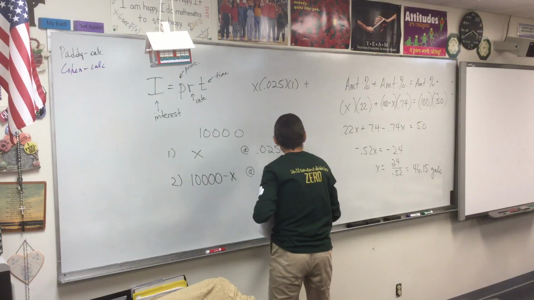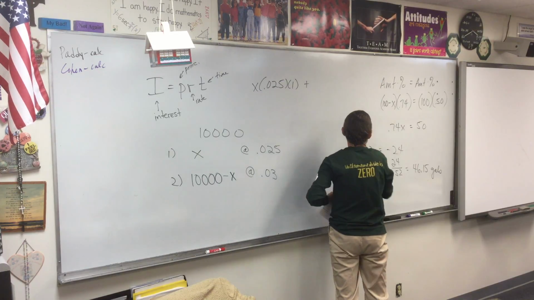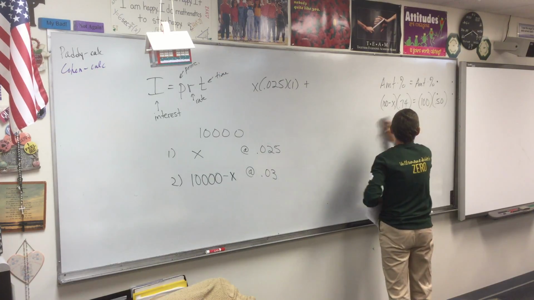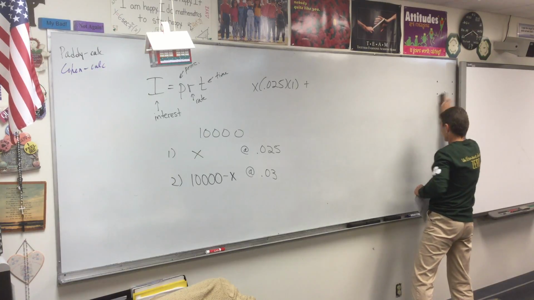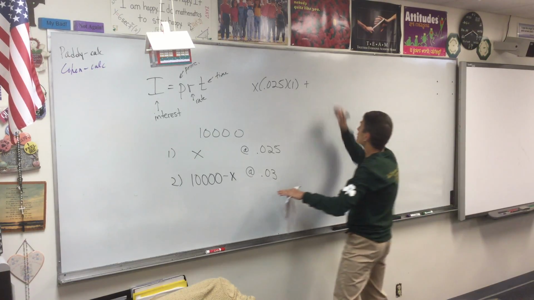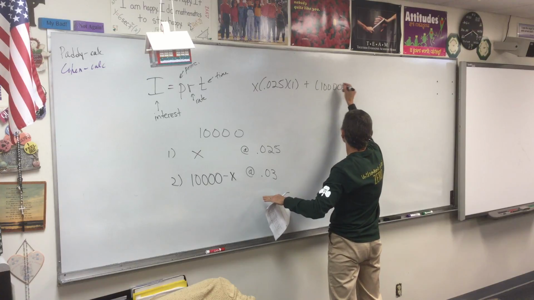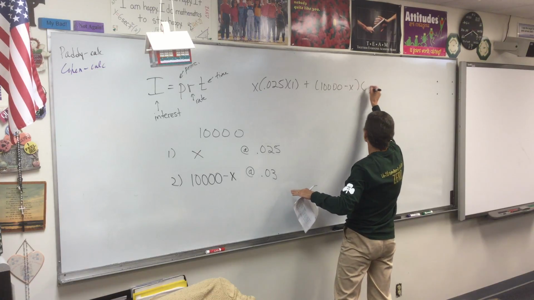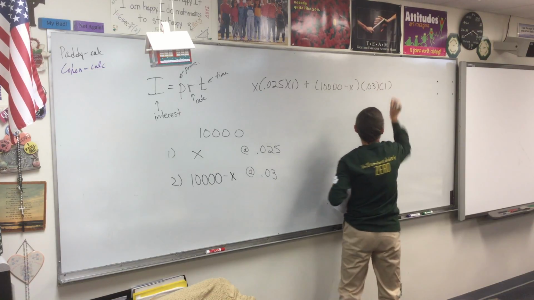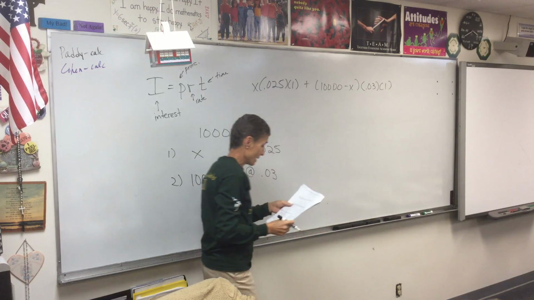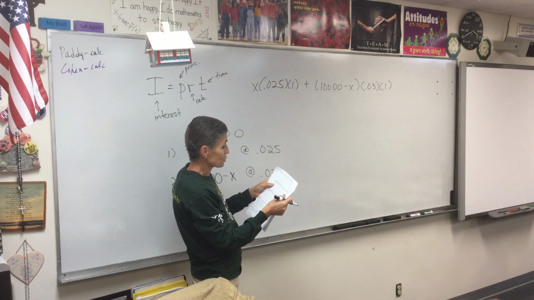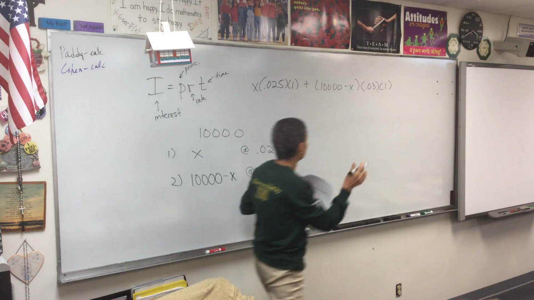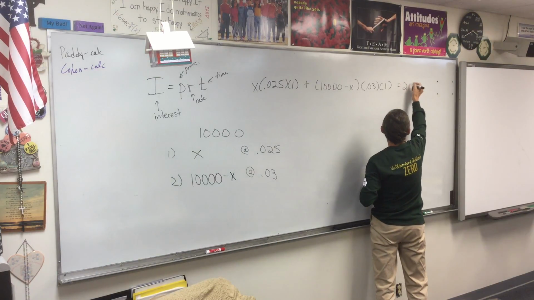And I'm going to add that to 10,000 minus X times rate times time. And that's going to give me my total interest, which is $260.